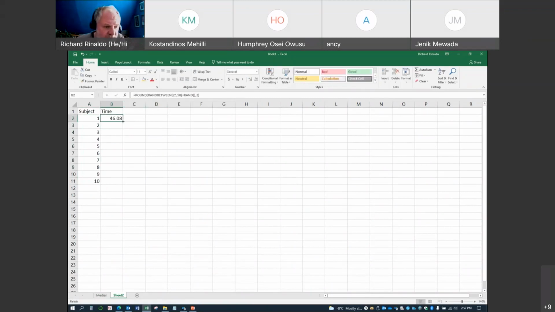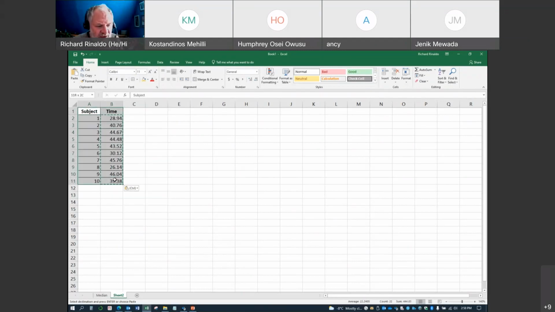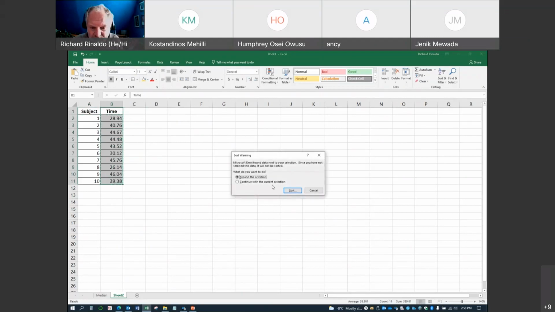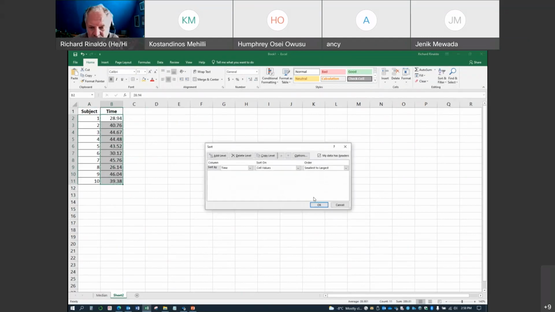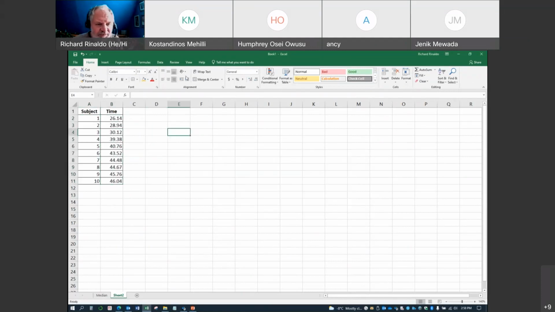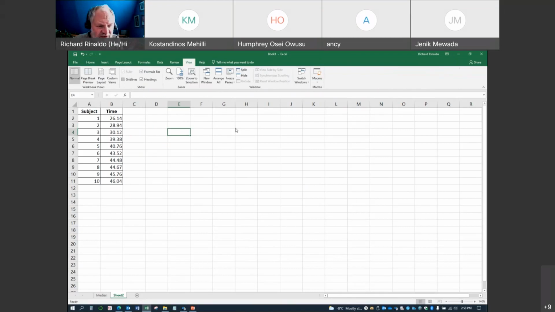I'll keep with my 10 subjects, keep it easy. I'm going to copy these values and sort them. Okay, so there's my data.